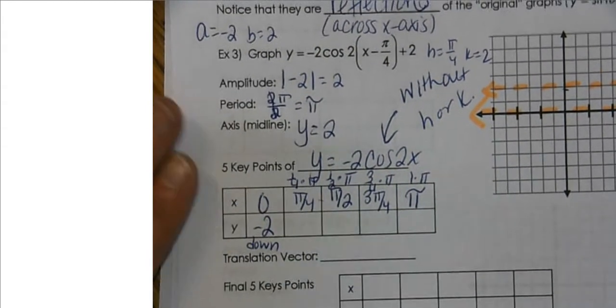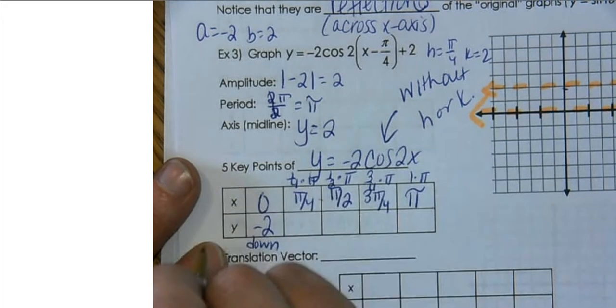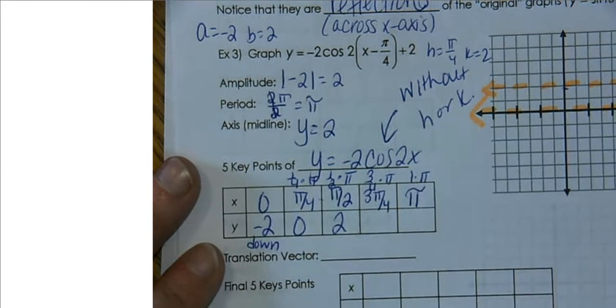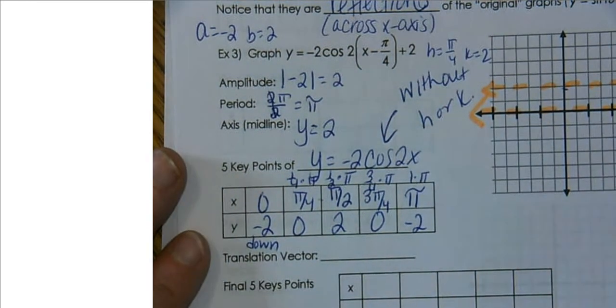The y values follow that pattern. Because our a value is negative, we're going to follow the pattern of down, then to 0, up to +2, back to 0, and down to -2. So we're following that pattern of down, 0, up, 0, down.